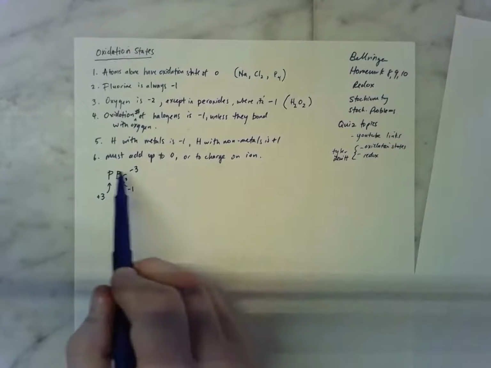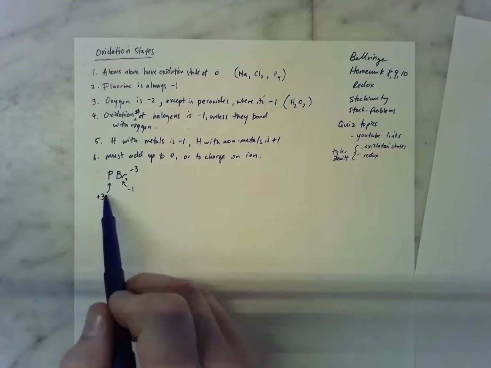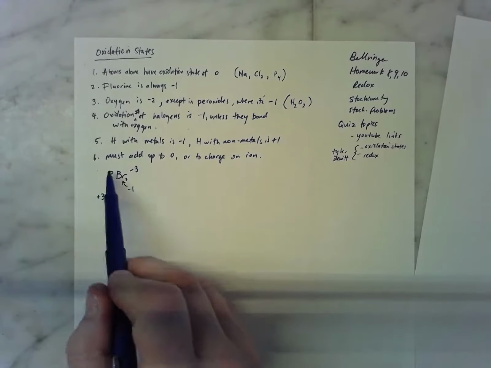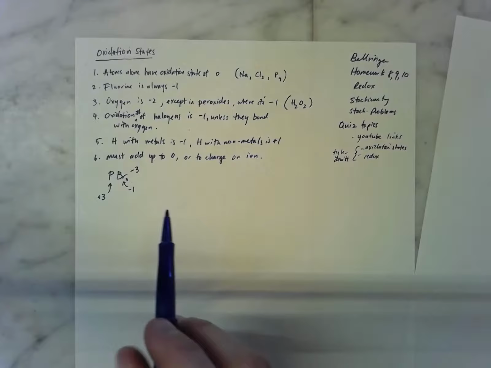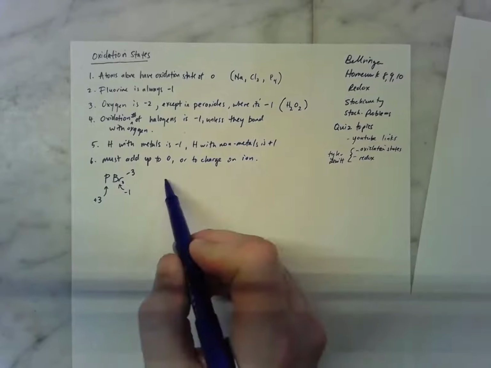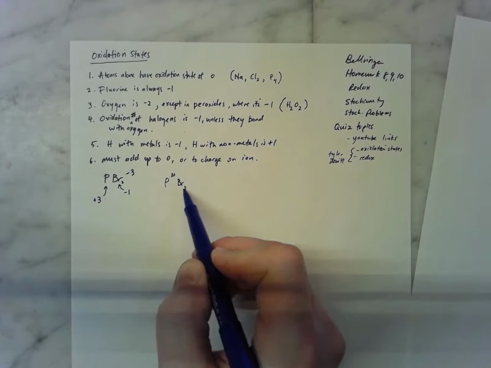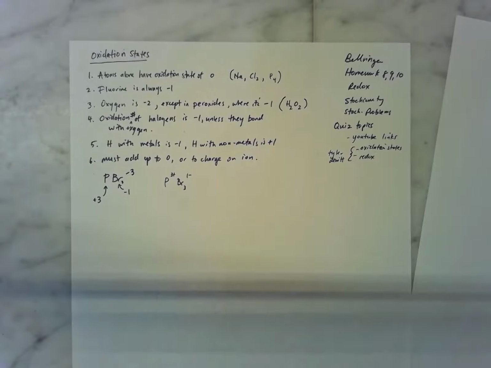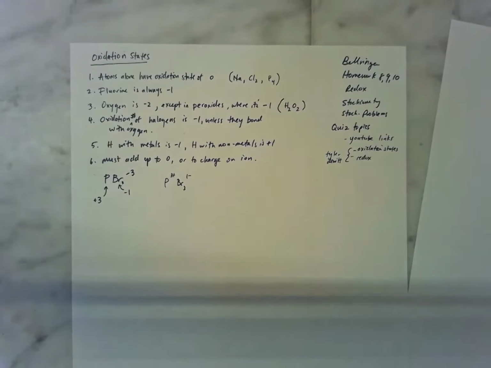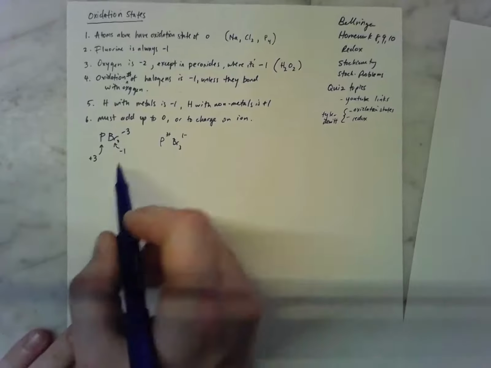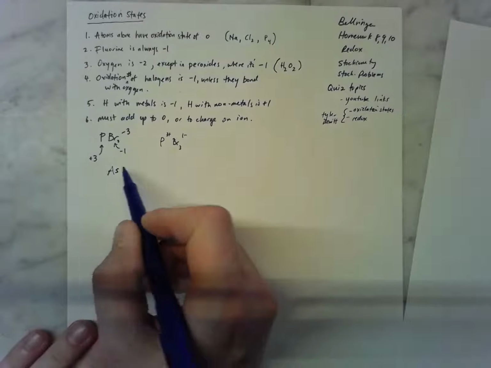This is not an ion with a charge, so that means P has got to be an oxidation state of +3. So we should have P 3+, Br 1-. I don't have any particular way we need to write that, so I'm just doing that for clarity here.